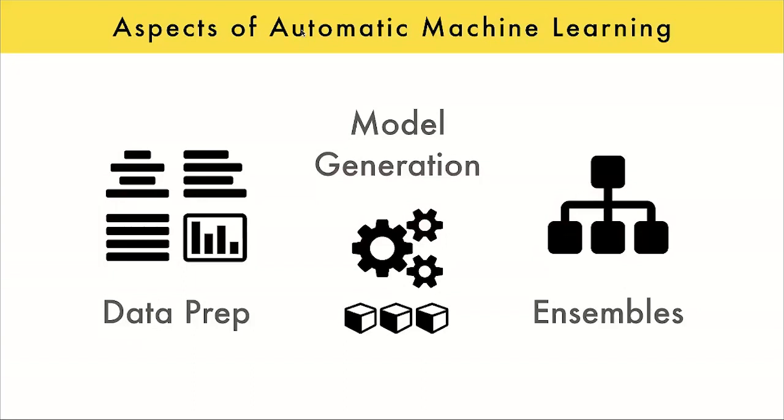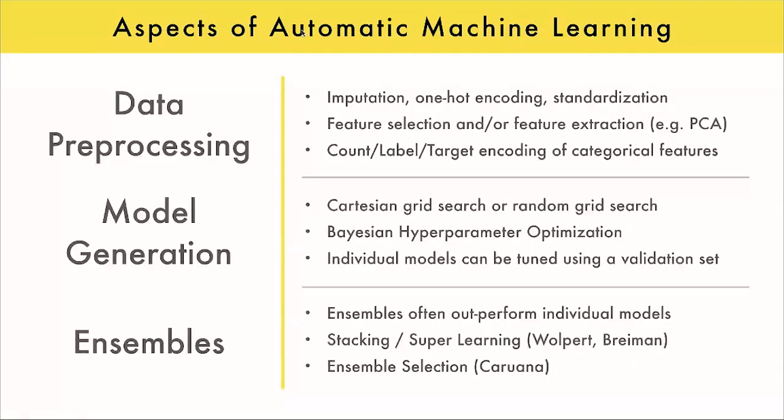Okay, so here are the three things broken down a little bit further with some specific examples. For data preprocessing, that's imputation, encoding, standardization, and could be feature selection or feature extraction. And there are all different ways that you can encode categorical features that can really contribute a lot of value to your model and add a lot of information. This is one of those things that, if you're familiar with Kaggle.com, the data science competition website, you see a lot of.